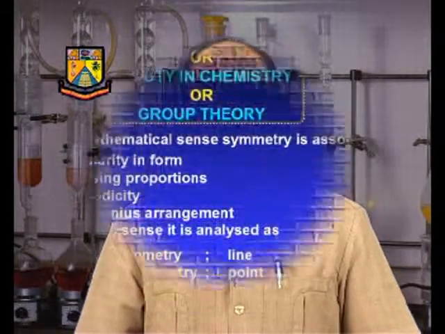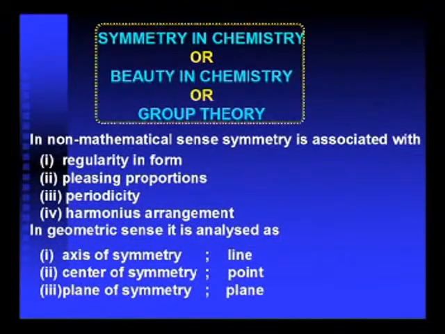Whereas from the geometrical or mathematical sense, the same group theory can be analyzed as axis of symmetry, which is a line, center of symmetry, which is a point, and plane of symmetry, which is a plane. By these three means, one can visualize the symmetry from the geometrical sense.